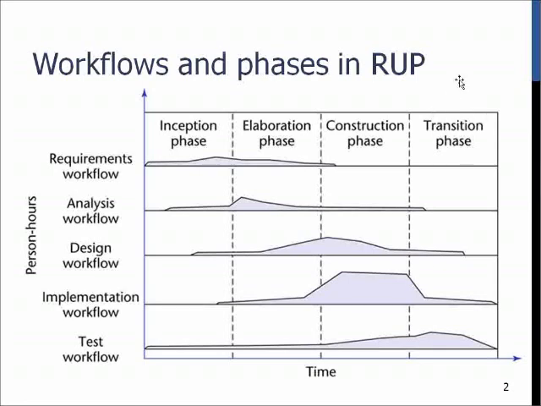If we look into the workflows and phases of the transition phase, we see that, of course, the requirements workflow has already ended, as has the analysis workflow mostly, and the design workflow.